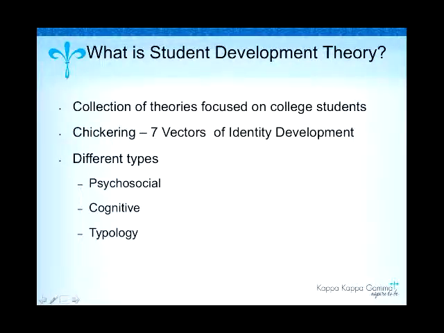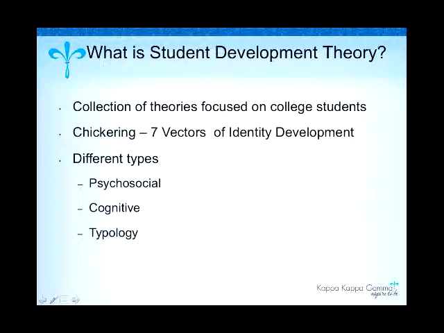But this fourth vector focuses on an increased tolerance and appreciation of differences, and the capacity for healthy, lasting, and intimate relationships with partners and close friends. So we know the importance of close relationships, whether they be a romantic relationship or a friendship that develops through this experience in college and this development of this age group, 18 to 22.